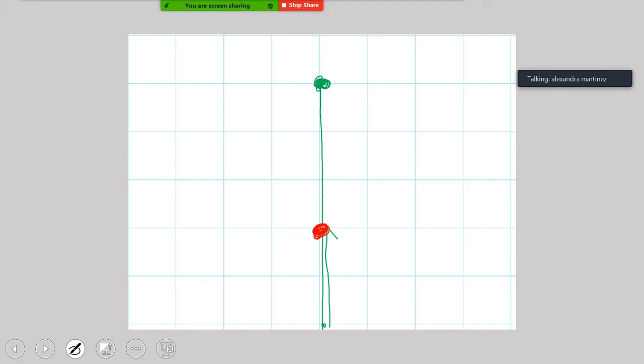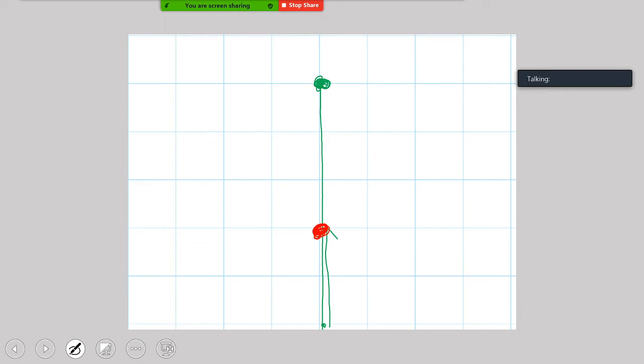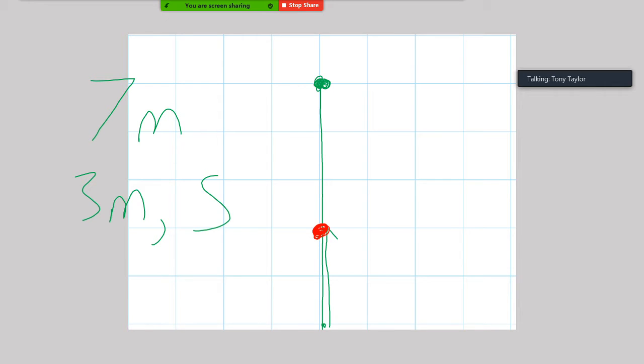Distance is 7 meters, and the displacement 3 meters south. Yeah, exactly. So yeah, my distance is 7 meters. And you're right, my displacement is 3 meters south. And we know it's south because notice that red dot is to the south of the green dot.